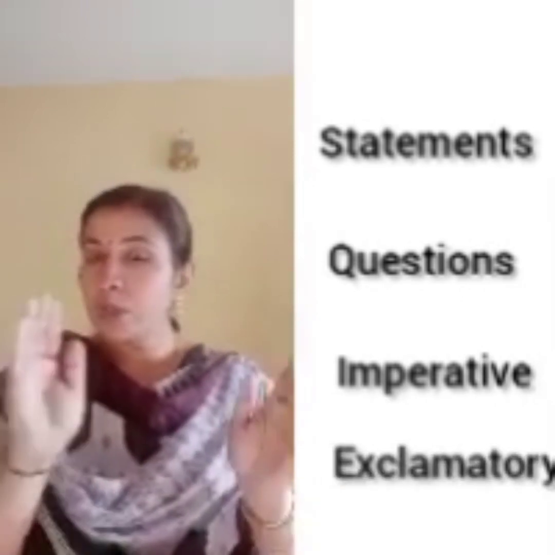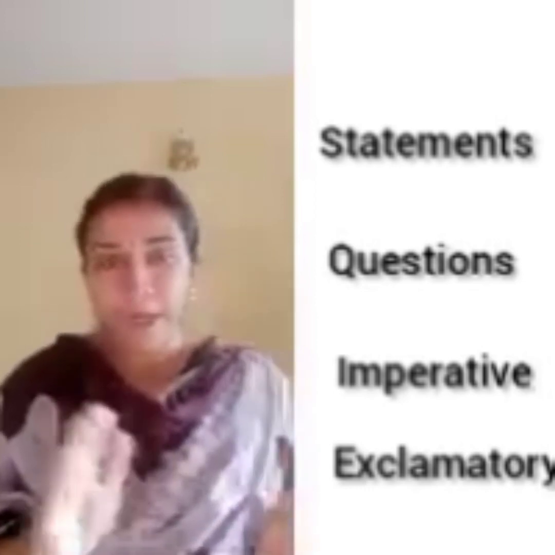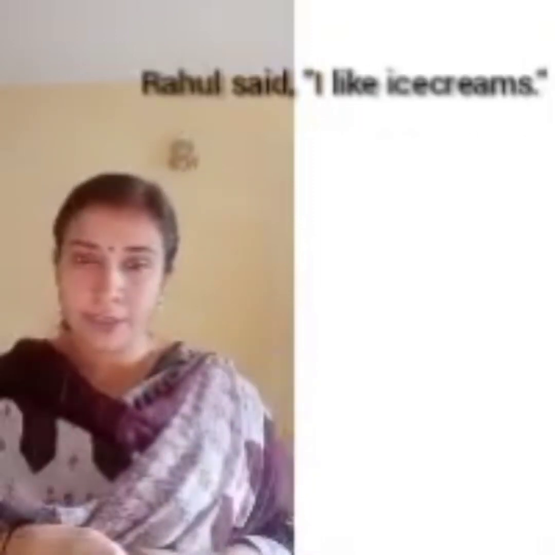So whenever you are transforming from direct speech to indirect speech, please understand what type of sentence is inside the inverted commas. Suppose it is a statement or an assertive sentence. I will tell you one example. As I told you earlier, Rahul said, "I like ice creams," right?